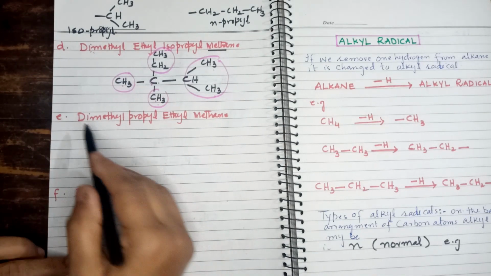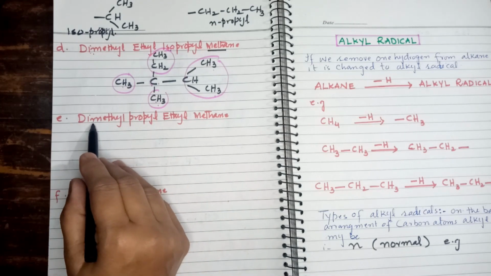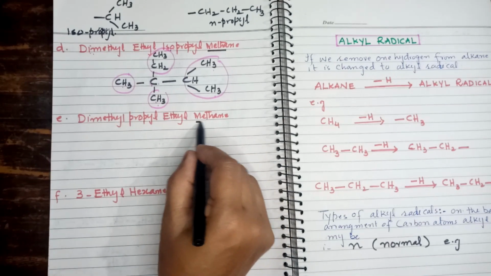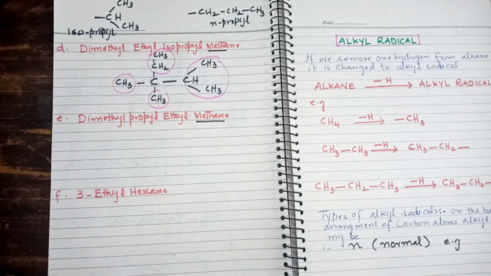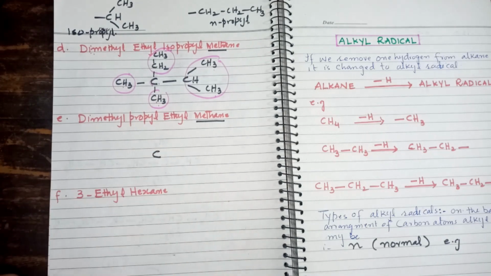Another name is given and we are asked to draw the correct structure of dimethyl, propyl, ethyl, methane. This is the parent name of the molecule, methane. So we made single carbon here, right?